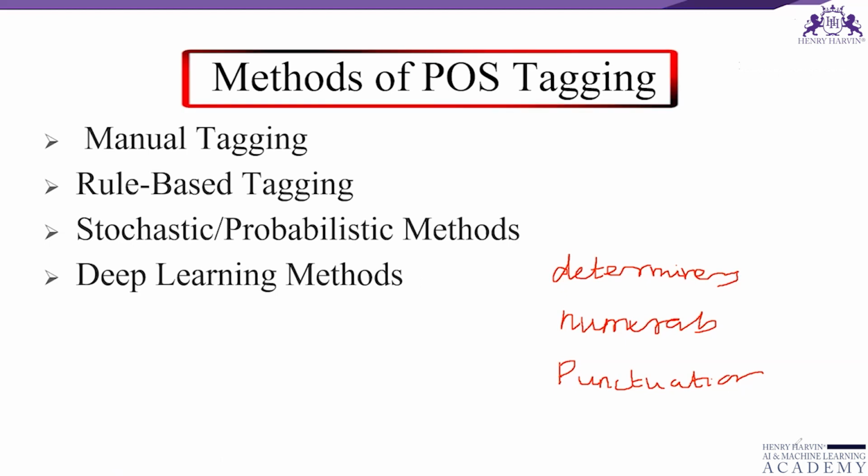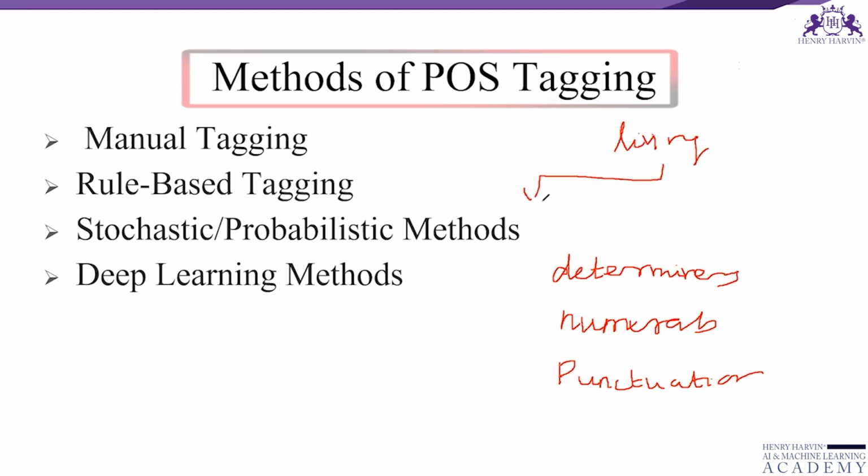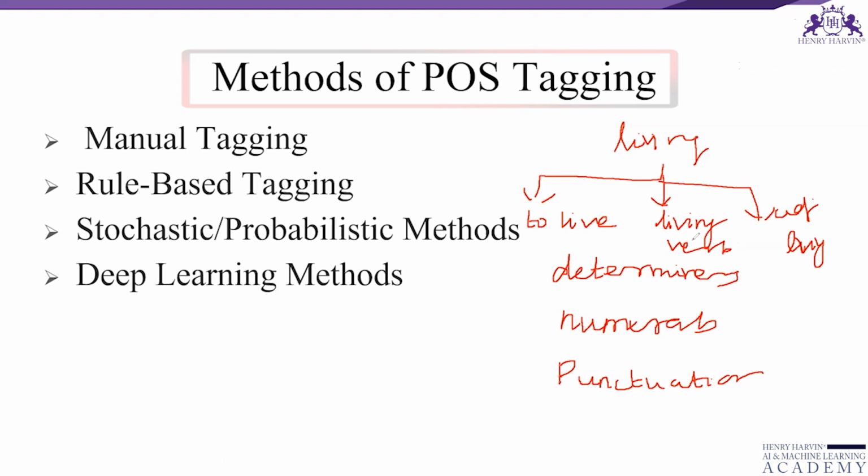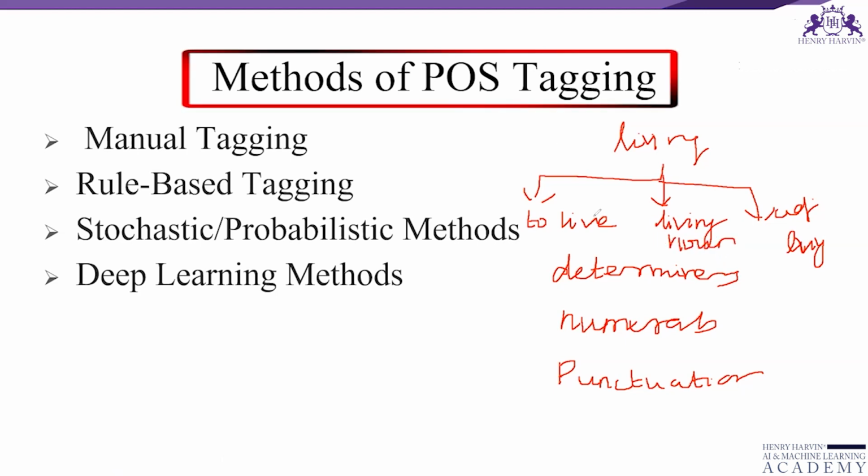What I am trying to say here is that when I say "living," it could be "to live," or it could be an adjective, a noun, or a verb, right?